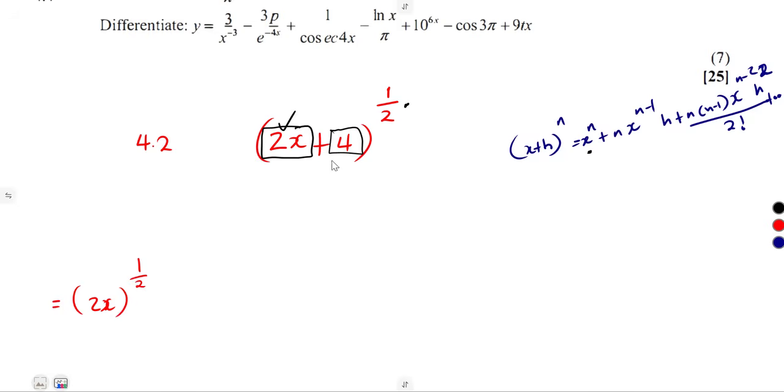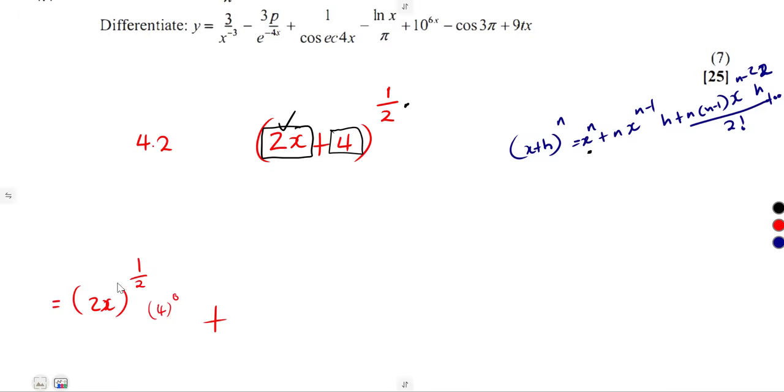The 4 was there, but it was raised to the exponent of 0. Because these two must add up to the exponent that you're given, which is a half. So if this is to the exponent of half, that one must be to 1. So it was there, but they don't indicate it.